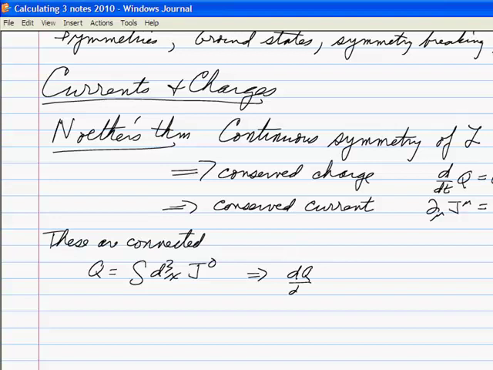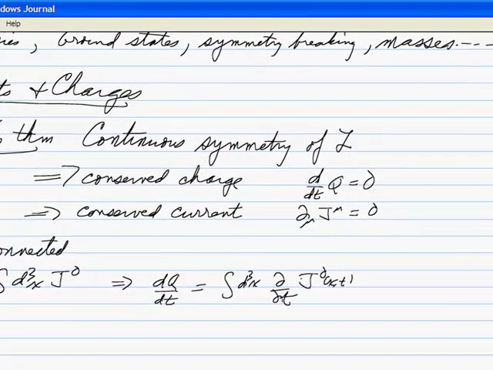If I take dQ/dt, that's then the integral d3x d/dt of j0, sorry, which by the equation there is d3x minus del dot j vector by the current conservation equation, which you integrate by parts.